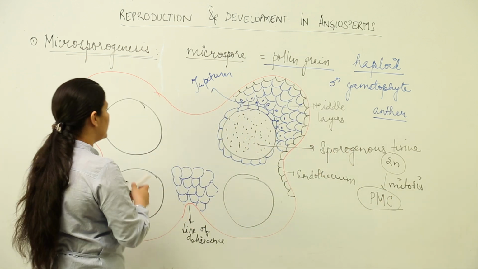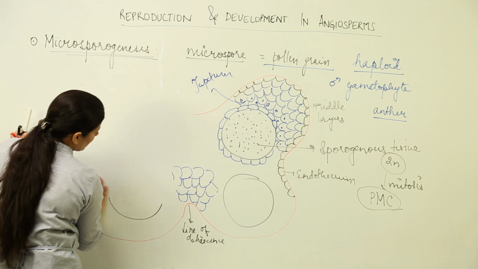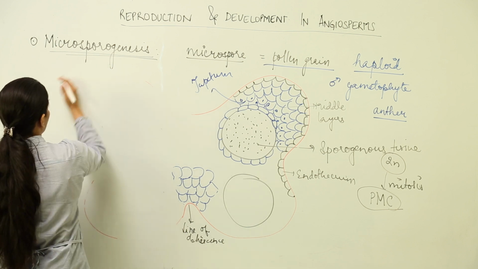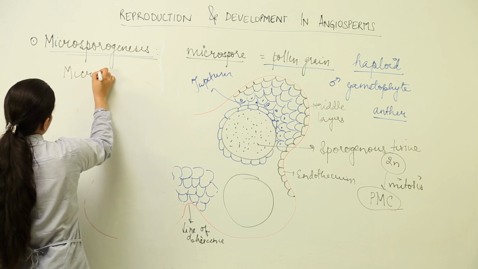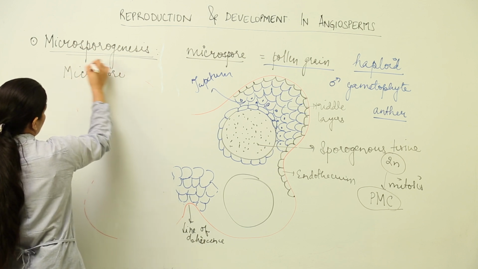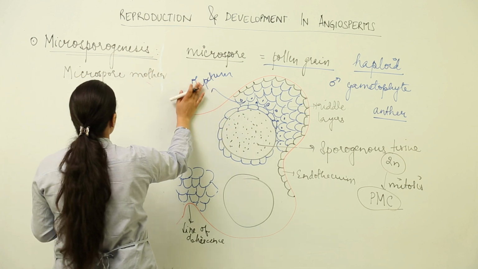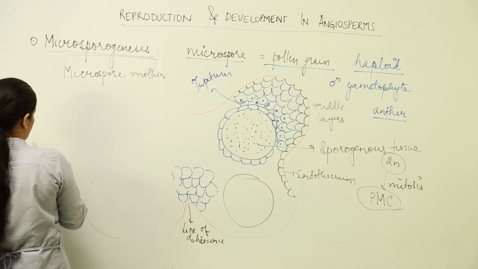Now the other name for pollen mother cells is microspore mother cells. The sporogenous tissue takes its nourishment from tapetum. It differentiates into microspore mother cells.